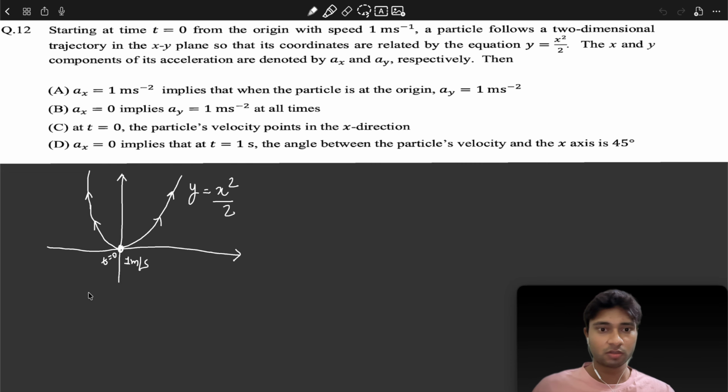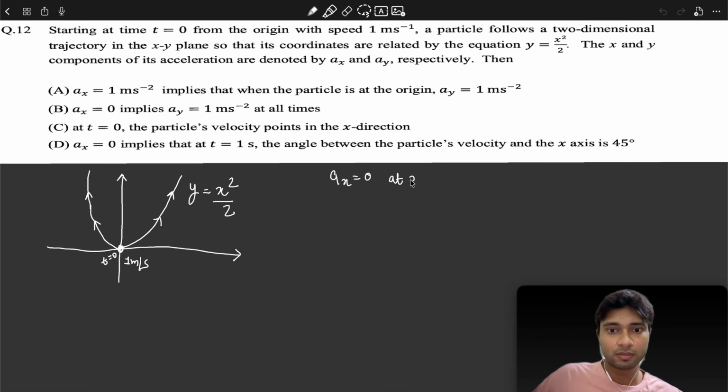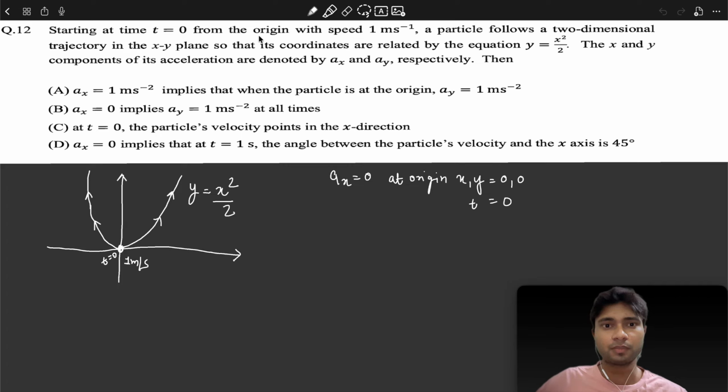So the first condition is stating that if ax is equal to 1 at origin, which means x, y is 0, 0, and it also indicates time is 0, because it is given that at t equal to 0 the particle was at origin, what will be the acceleration in y direction?